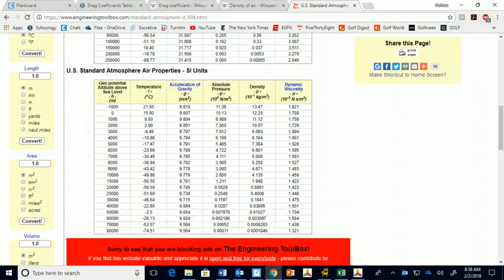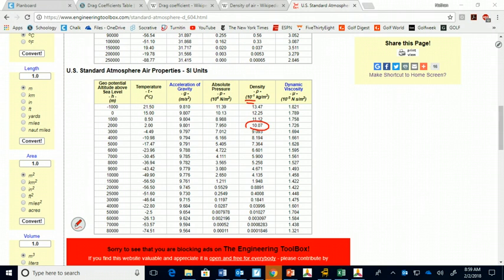And at 2,000 meters above sea level, our absolute pressure is here. But remember, sorry, not pressure, my apologies. Density is what we want, right? And again, it's 10 to the negative 1, the units are, right? So it's 1.007.